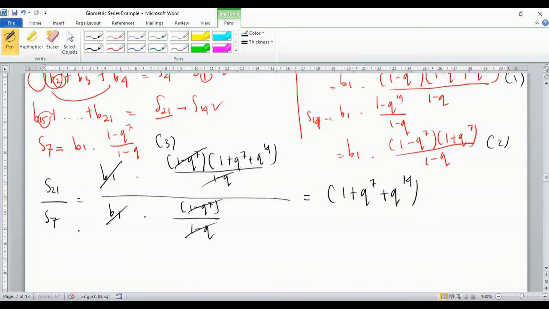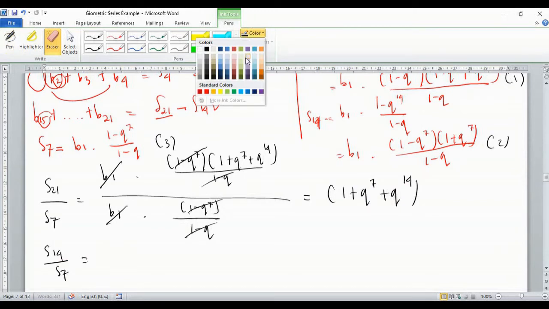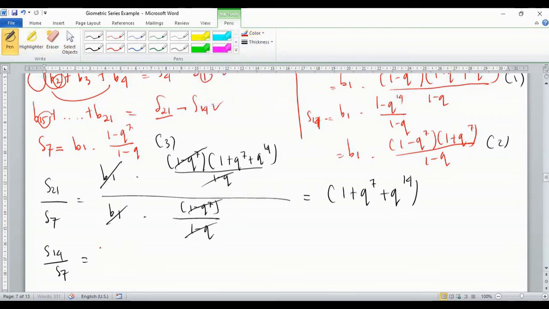Now let us divide equation 2 by equation 3, which is S14 divided by S7. S14 is B1 times, okay, let me change the color to make it easier to read. Now, B1 times 1 minus q power 7, 1 plus q power 7 over 1 minus q, over B1 times 1 minus q power 7 over 1 minus q for S7.